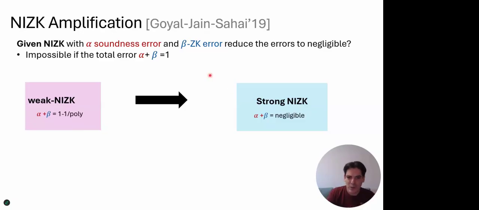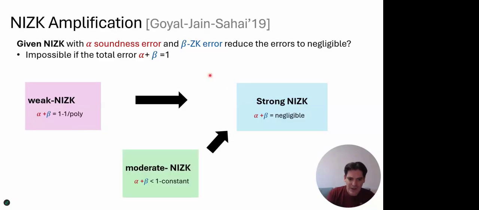So what do we know about this question? In the original paper, Goyal et al. suggested a transformation that takes a moderately secure NISQ, whose total error is bounded away from 1 by a constant, or in other words, it has some constant security level, and they show that you can turn it into a strong NISQ. Now, this paper has many beautiful ideas.